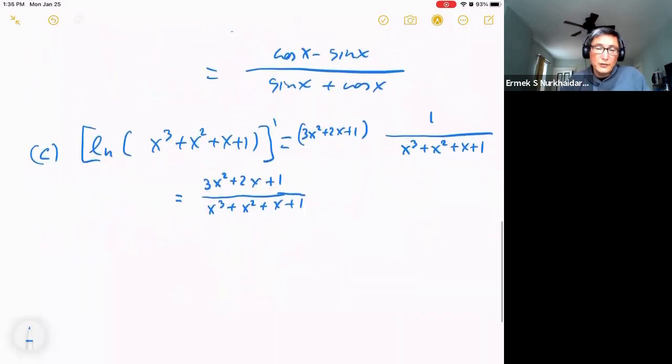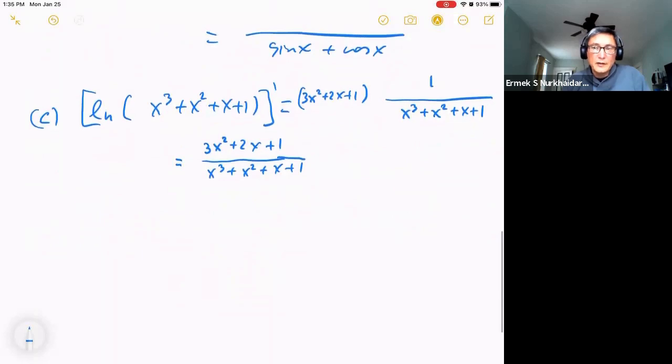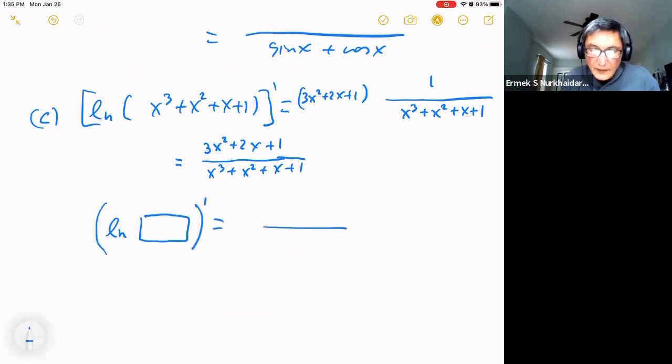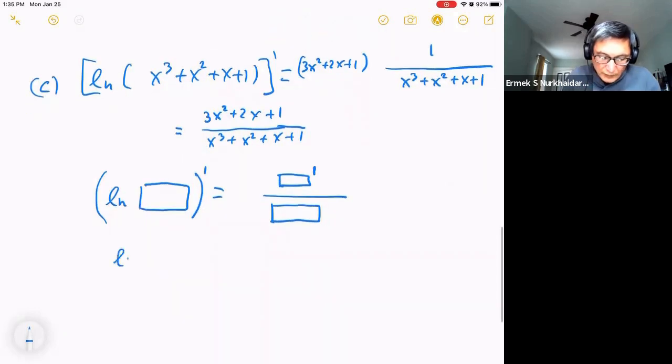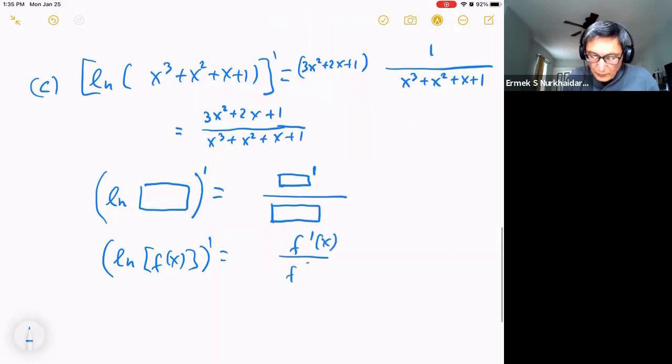Okay. And if you like, you probably already noticed the pattern. If you want to take the derivative of ln of any expression, then the derivative of ln is 1 over that expression, and the derivative of the inside is the derivative of the inside. So that's a shortcut: the derivative of ln of f of x is f prime, the derivative, on top, divided by the function.